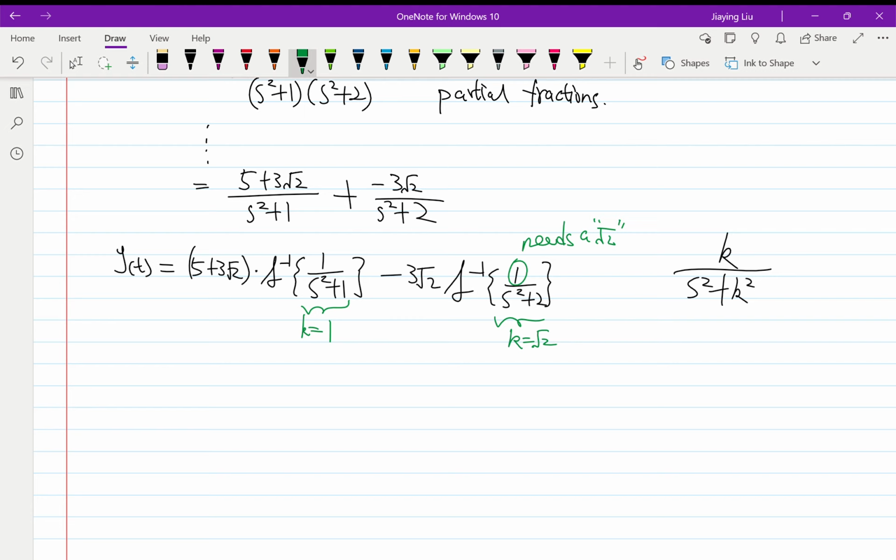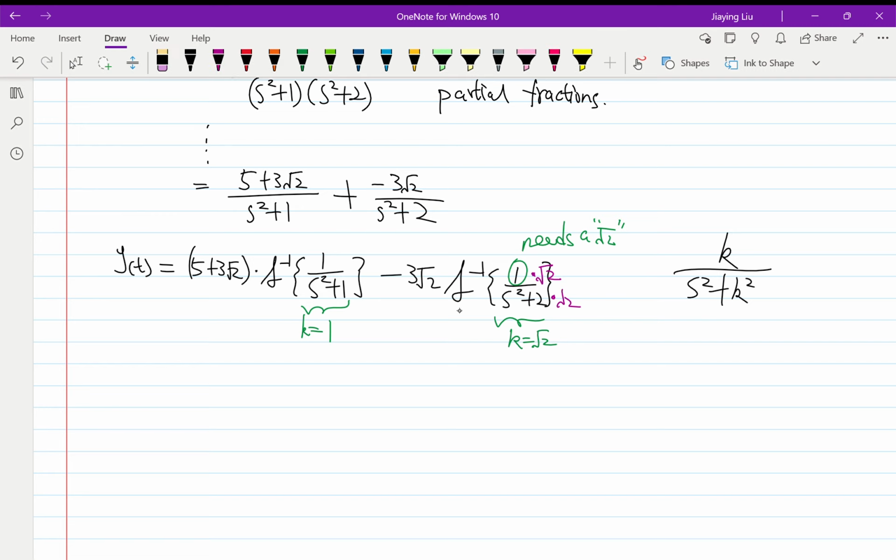So what can we do? There's a couple of things we could do. We need a square root of 2, so we could multiply the numerator and multiply the denominator, like we did in the previous example. So I'm just going to write here: multiply by square root of 2, multiply by square root of 2. The one in the denominator we don't need, so we can move it in front of it. Eventually they double cancel. So that's one way.